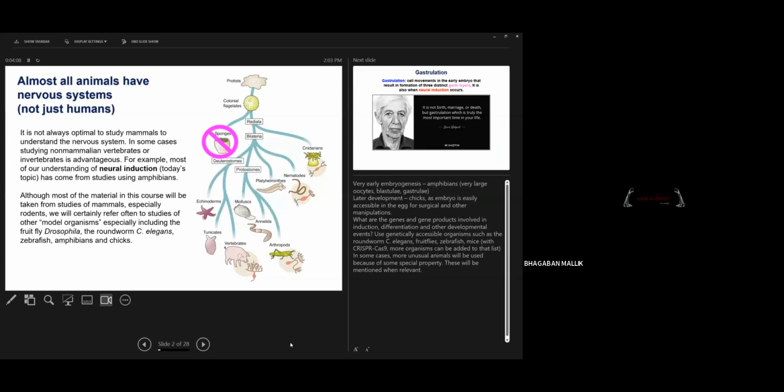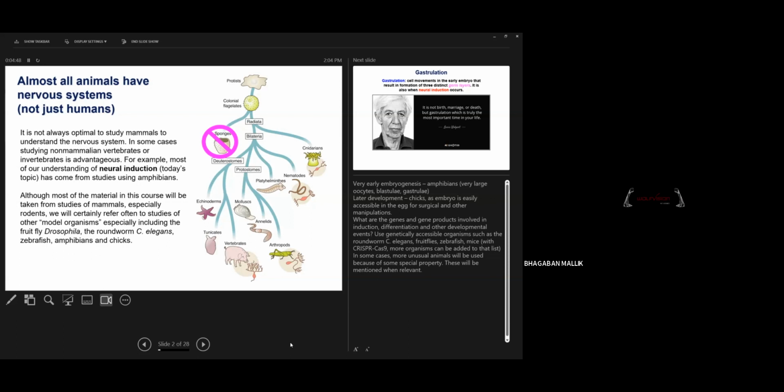So almost all animals have nervous tissue. Starting from the very lower animals like protists, flagellates or sponges, they don't have any specified nervous system, but it starts from cnidarians, like Hydra, which has radial symmetry, and the bilateria, which you can divide into equal halves if you chop those animals in a particular plane.